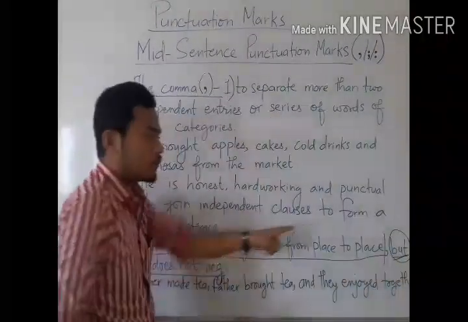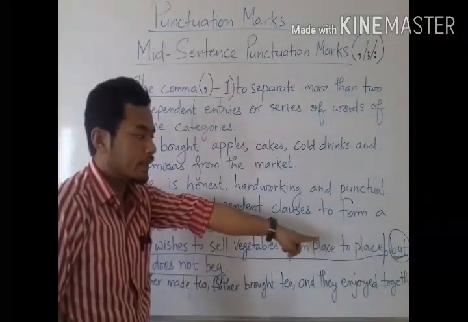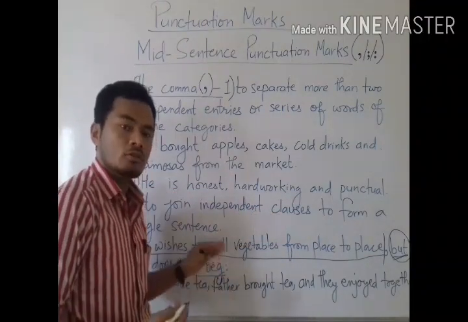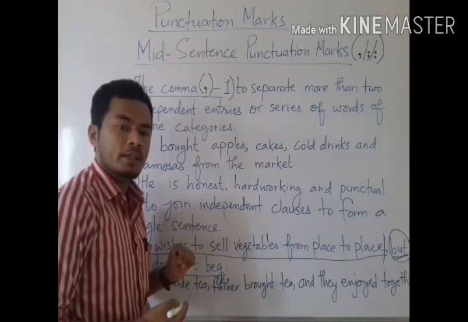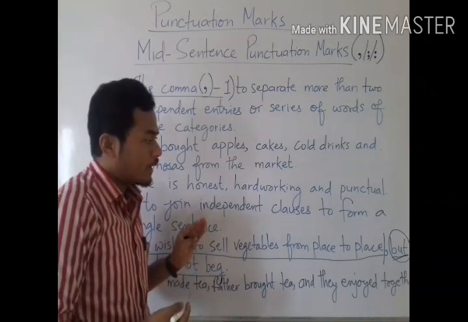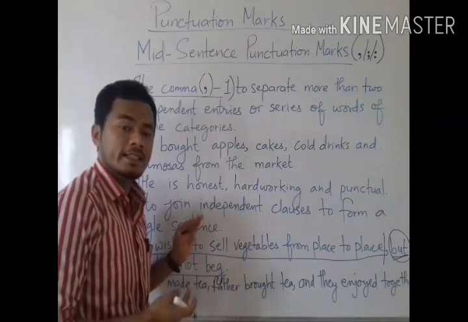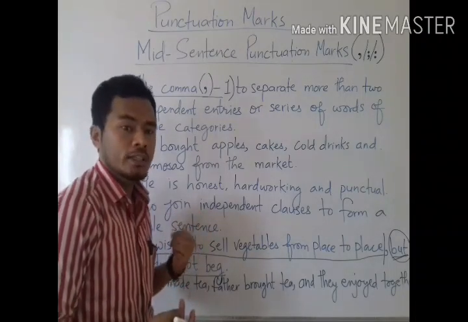Before but also I have used a comma. So here we come to know that this comma is also used to join these two independent clauses, and that this sentence is made by two independent clauses.